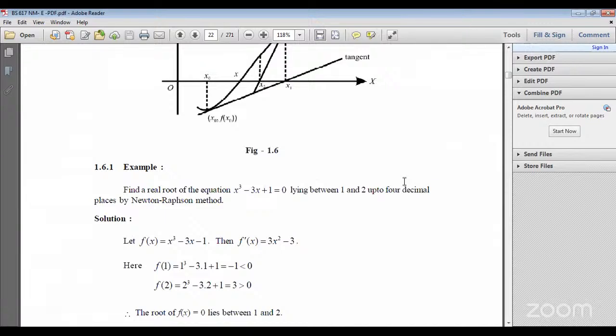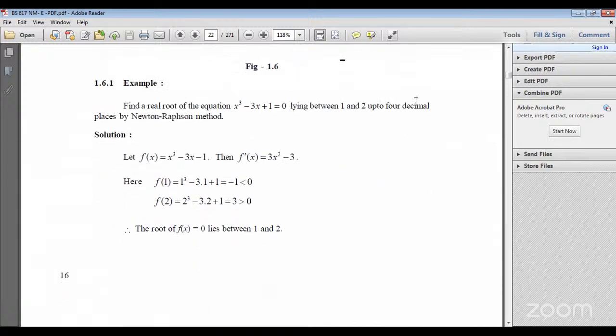Example. Find the real root of the equation x cube minus 3x plus 1 lying between 1 and 2 up to 4 decimal places by Newton-Raphson method. f of x is x cube minus 3x plus 1. That is the first derivative: d by dx of x cube is 3x square, d by dx of 3x is 3.